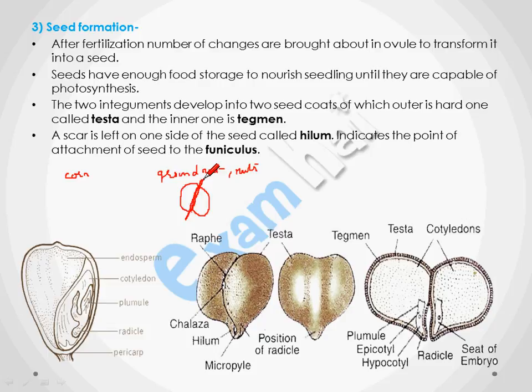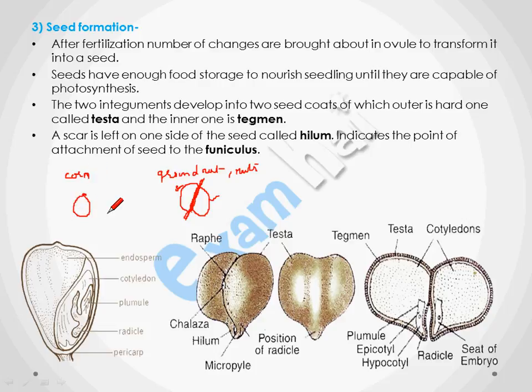So these have two cotyledons, the one cotyledon and the other. But in corn, you cannot divide it into two halves equally, because it contains a monocotyledon, a single cotyledon.